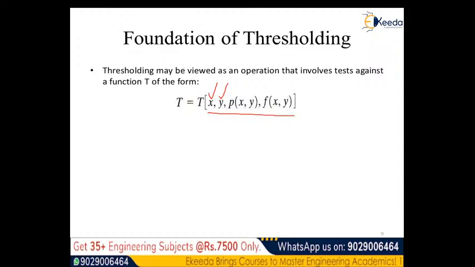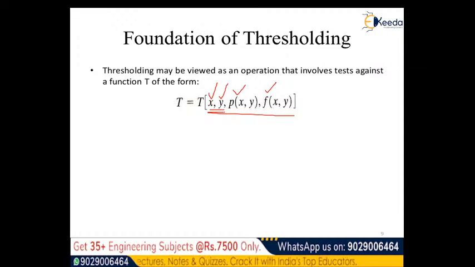These are the two spatial dimensions, and with x and y we get to the exact location of the pixel under consideration. There is also the use of p as a function of these spatial coordinates x, y, along with f as a function of x, y.